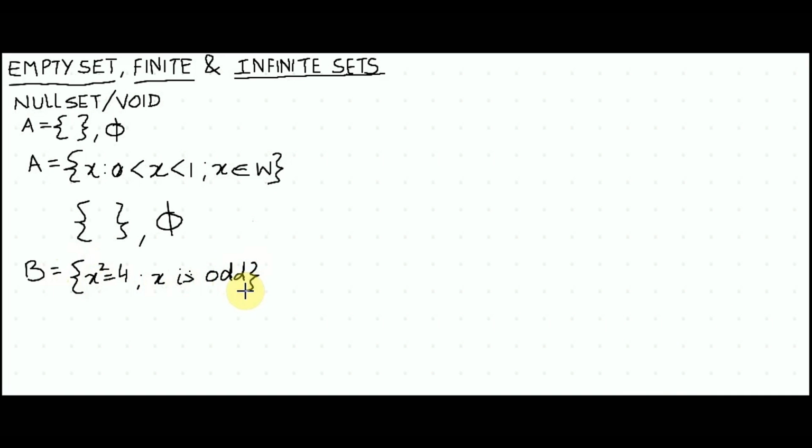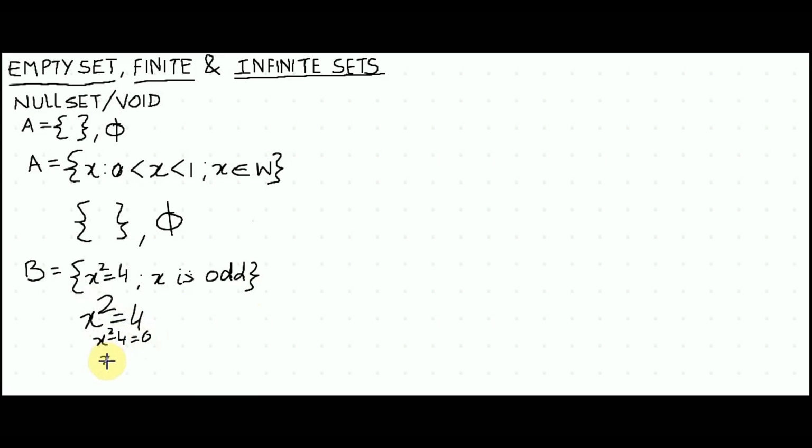First of all, in this case we will have to write the elements x of this set. How can we write the elements of this set? That means the solution of this particular equation, x square equals 4, right? This is the equation. We will have to find the solution. x square minus 4 equals 0.